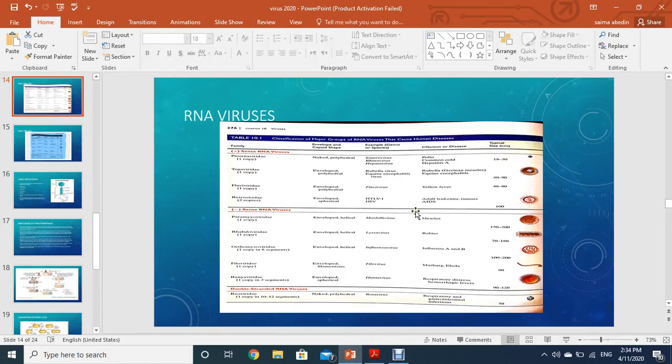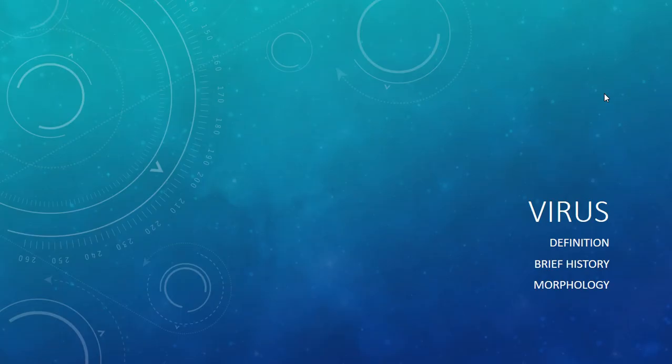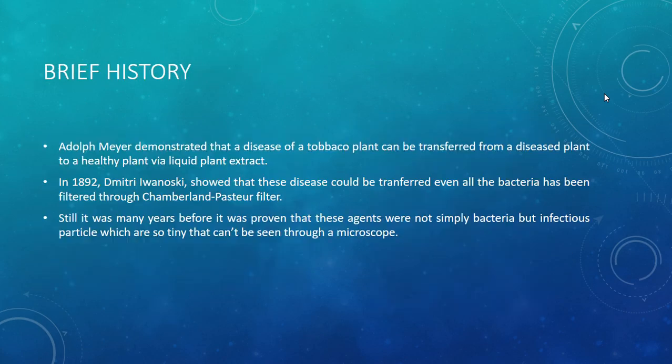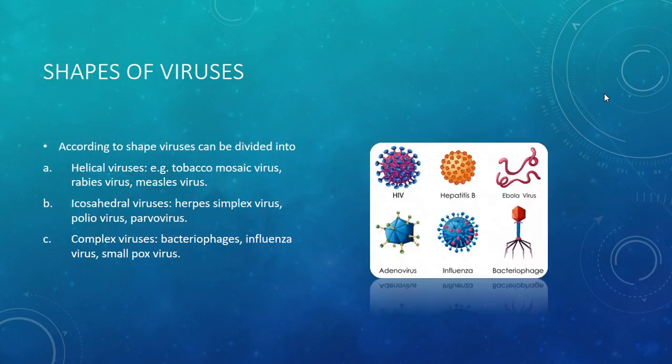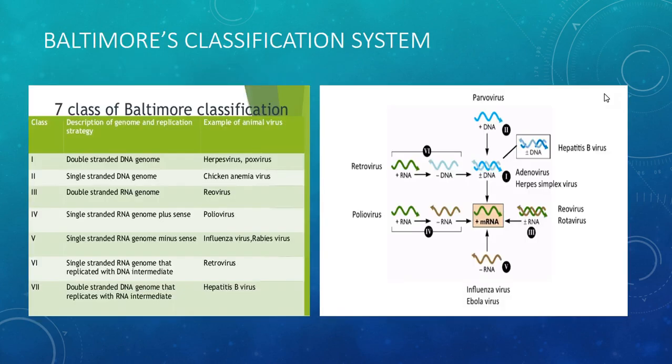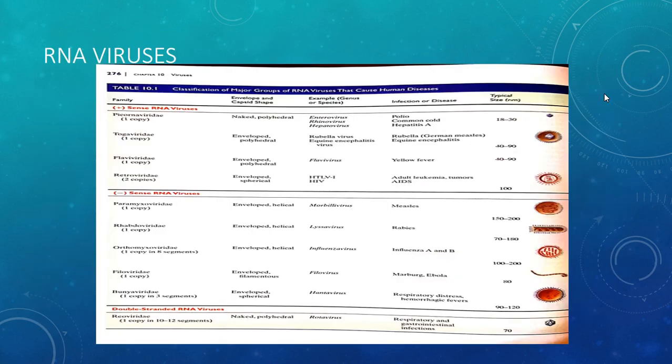Now, as you can recall from the previous lecture, the negative sense RNA viruses were left. So today we are going to finish it up. And for this, you have to remember that negative sense RNA viruses must have retroviruses within their capsid so that they can replicate, or they can make messenger RNA with the help of those enzymes, that is retroviruses.